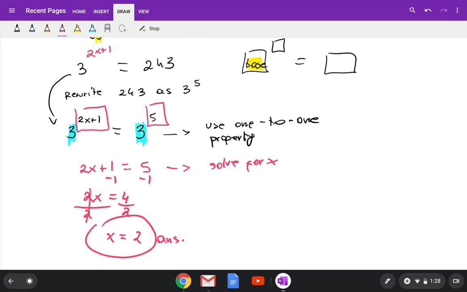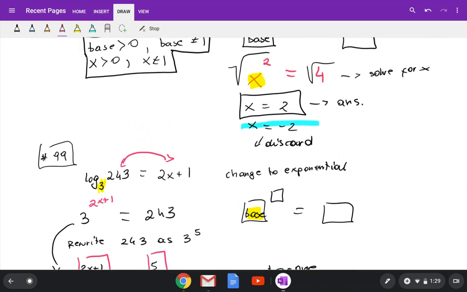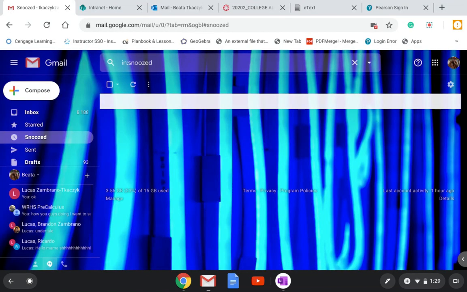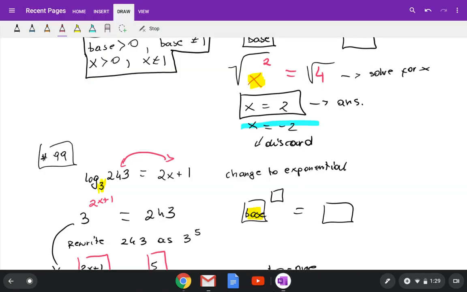Now we're going to do the opposite. Next, I'm going to show you how to use logarithms to solve exponential functions. So again, here, what we did, we solved logarithmic functions. Now we're doing the opposite. We're going to start solving exponential functions. Let me see, we have 26 minutes.